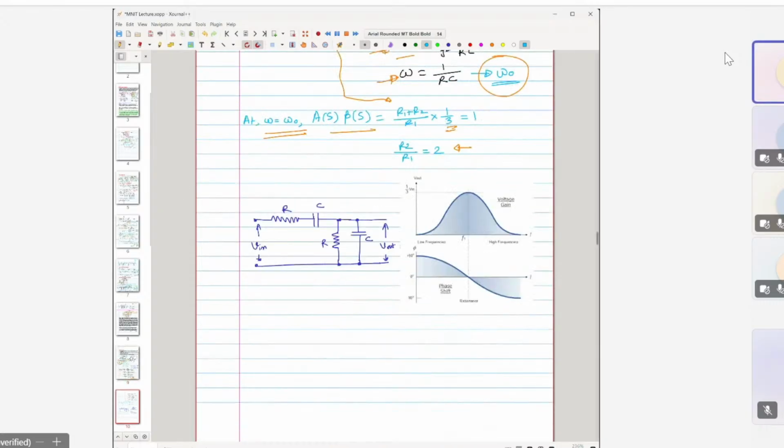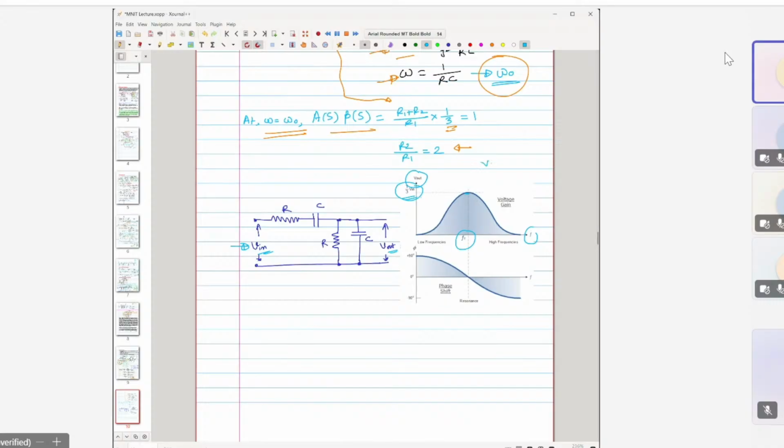If you calculate this V in and this V out for this series and parallel RC network, as you can see from here, we are plotting V out for different frequencies. You can see the maximum V out is possible at the oscillation frequency, and at the oscillation frequency the maximum output is 1/3 of V in.